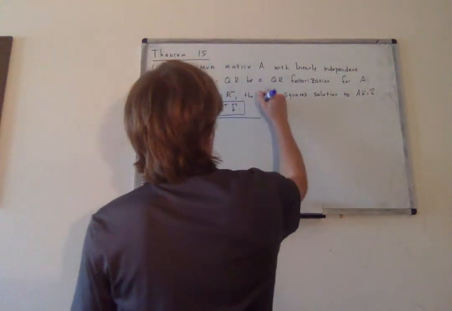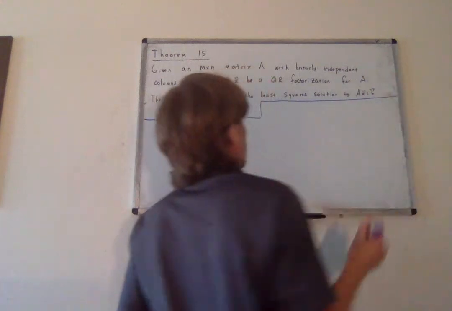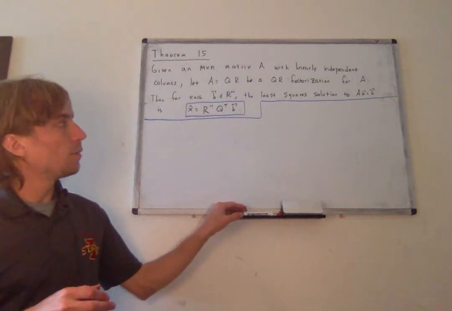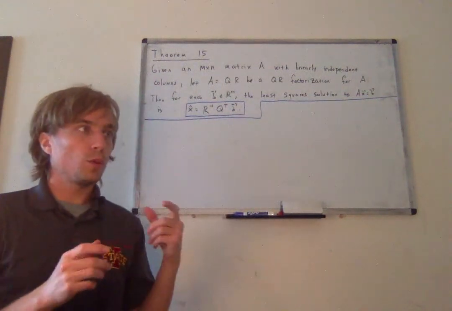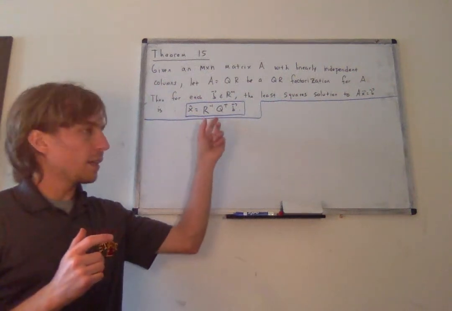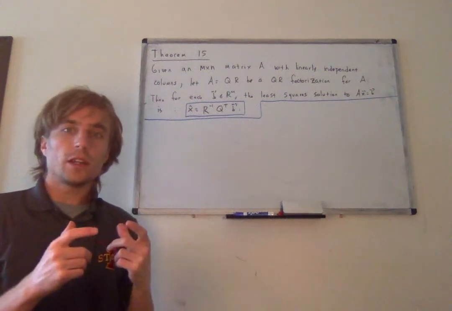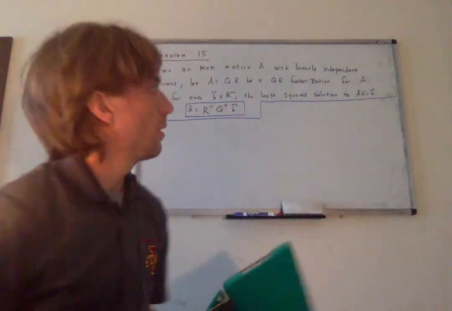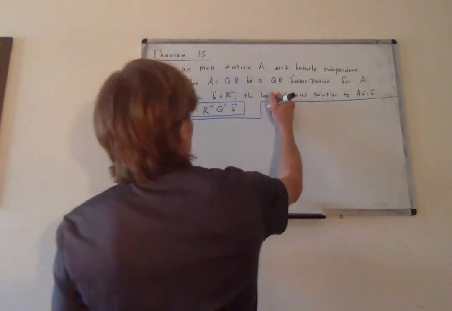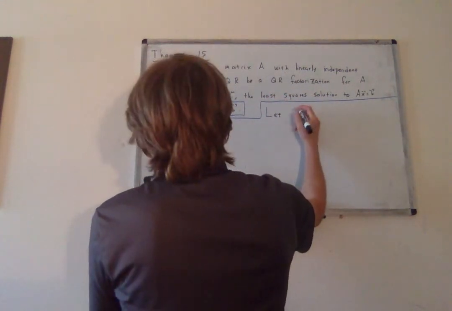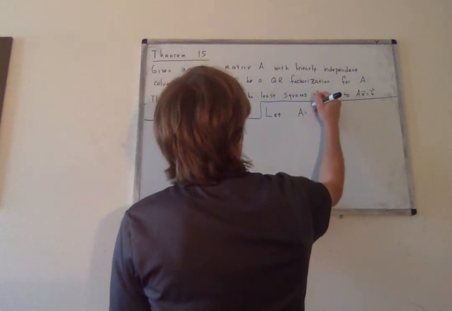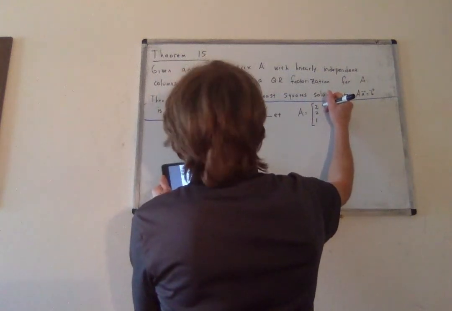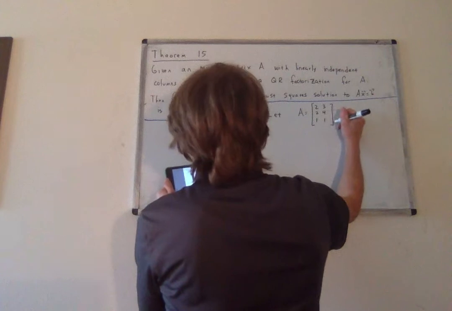I think one reason for this, and what your book says, is that if you have a small error in how you calculated your QR factorization, then this method is going to minimize the magnitude of the errors you might make. So if you were to make an arithmetic error, this method of finding the least squares solutions might minimize that error.